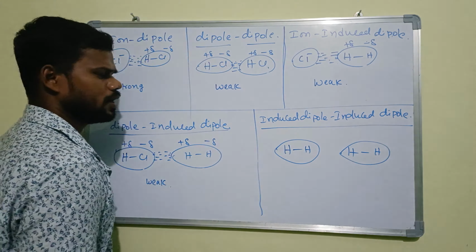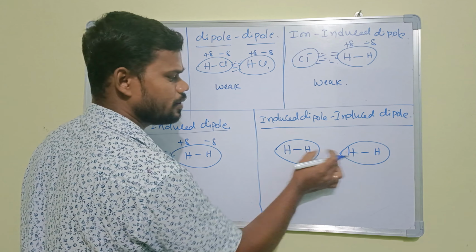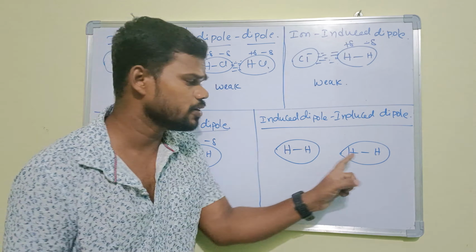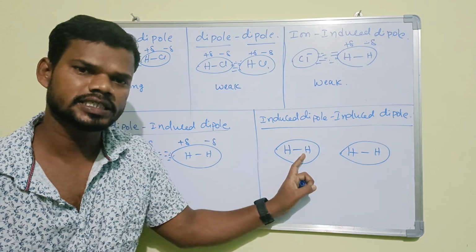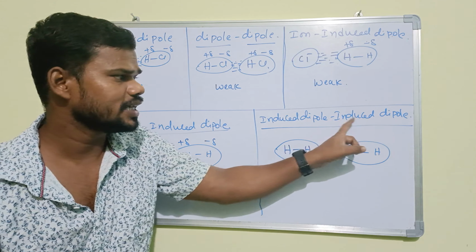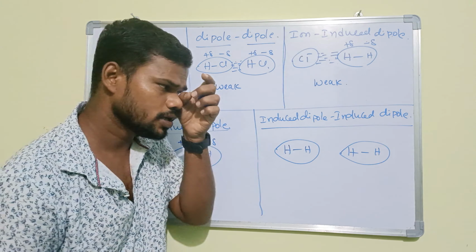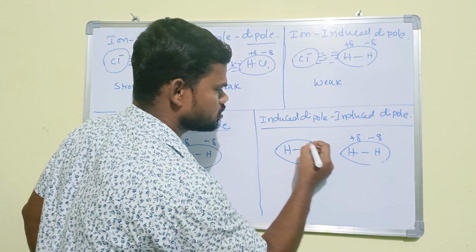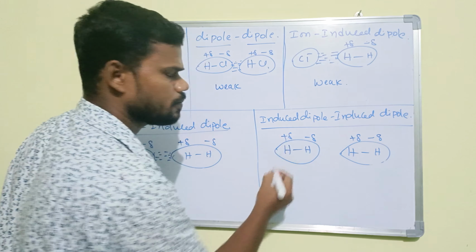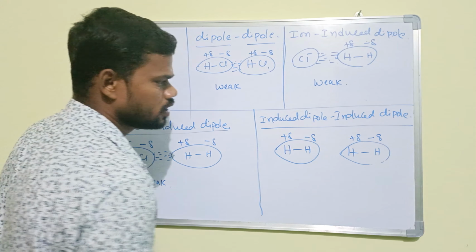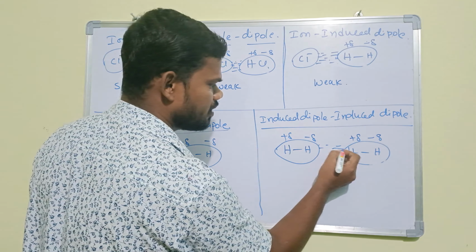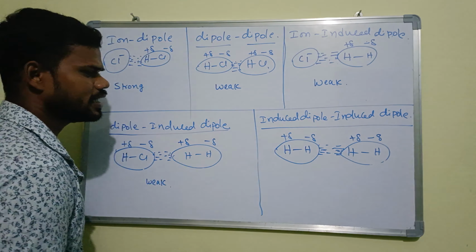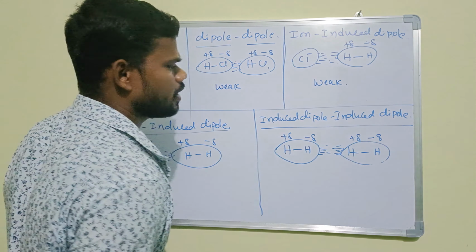Here there is no polarity, but it can create polarity itself. That we call an induced dipole, which can create a partial negative and a partial positive charge. So the interaction between two non-polar molecules we call induced dipole interactions.